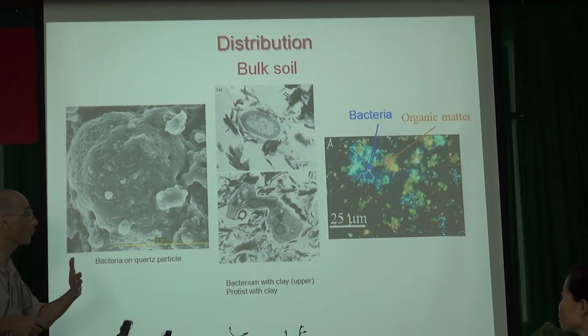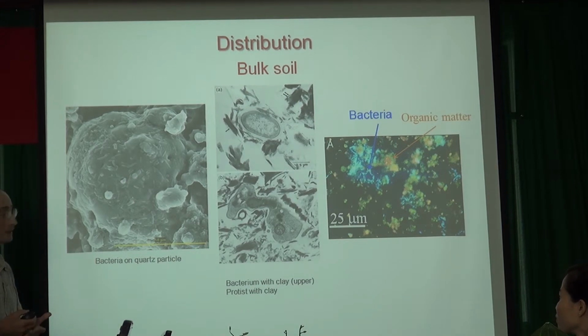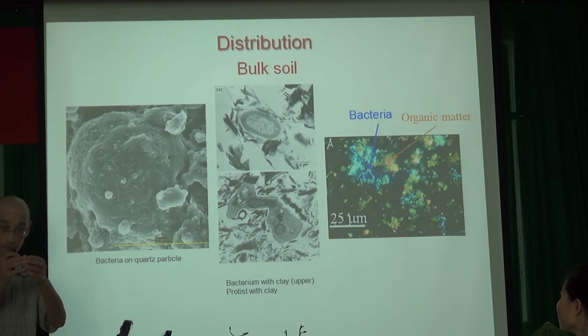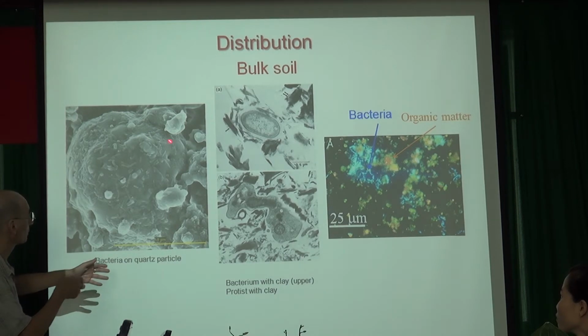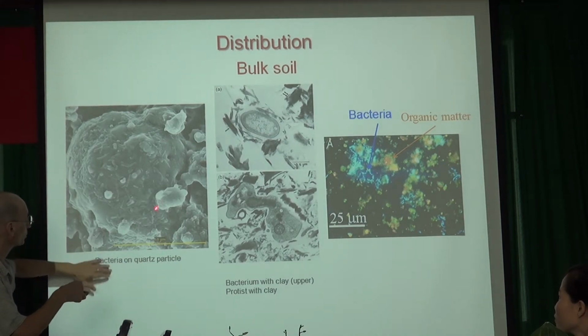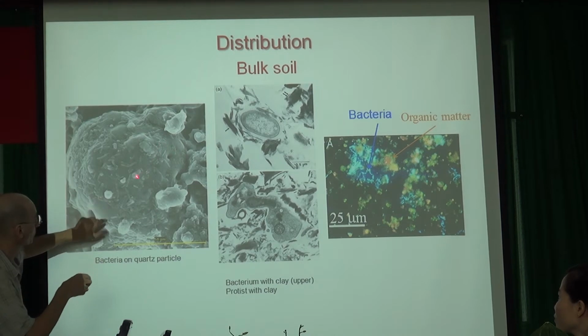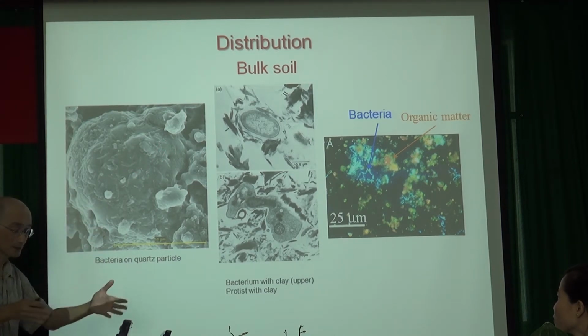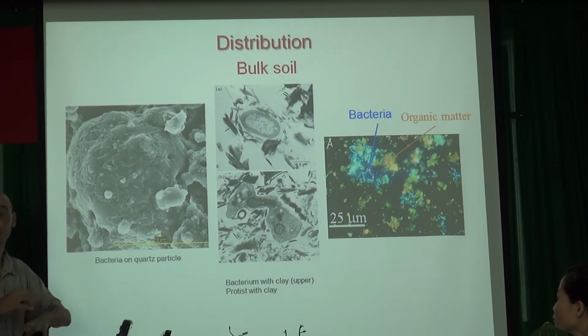So when you look where you find the bacteria, let's say in the soil, which can be the bulk soil or the rhizosphere soil, not on the root, you will find that bacteria can stick to a soil particle. So you have here bacteria on quartz particle. So it's not a homogeneous culture at all.